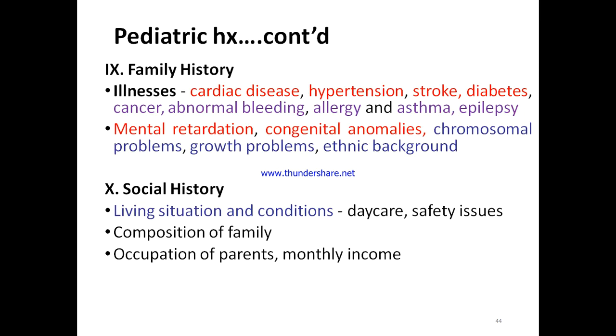The other part of pediatric history is family history, like family illness. Illness in the family may affect child development and growth, like cardiac disease. If a family member, especially the mother, had a history of cardiac disease, hypertension, stroke, diabetes, cancer, those factors may affect the growth and development of children. So that's a better thing to be assessed.